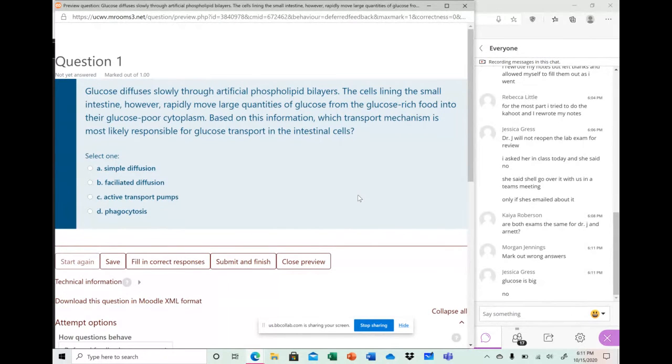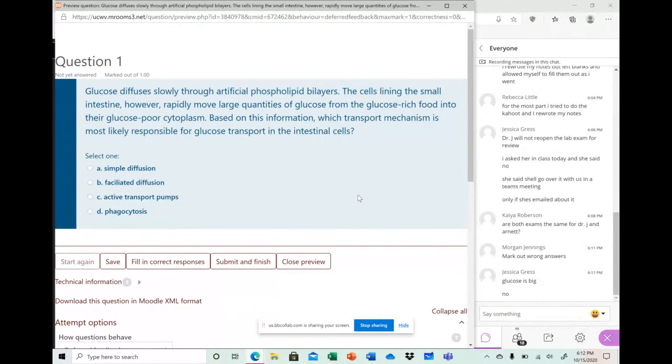So we know that simple diffusion is probably not the answer here, right? Because oxygen, being small, can simply diffuse through the membrane. It can sneak by, as Dr. Arnett would say. But because glucose is larger, that's probably not going to be the case here. So like Morgan says, let's mark out simple diffusion.